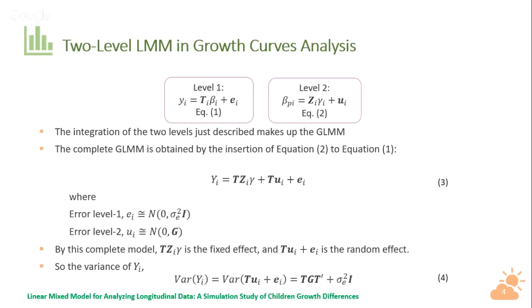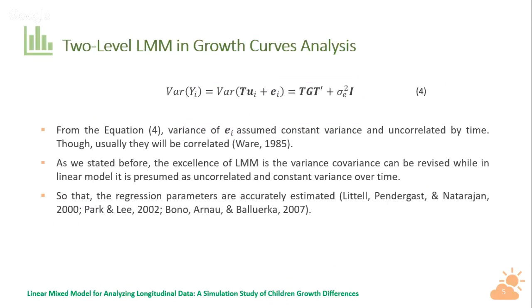In this paper, we will have more extension, or more interest, in the variance of the subject, which is described by the sigma quadrat E. This is the notation of the variance of the response variable.